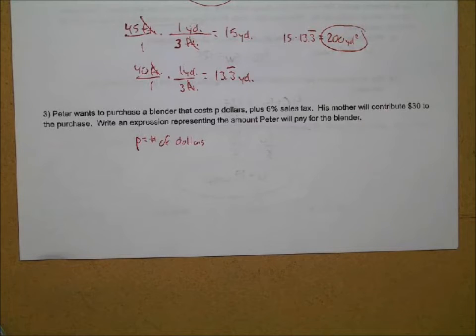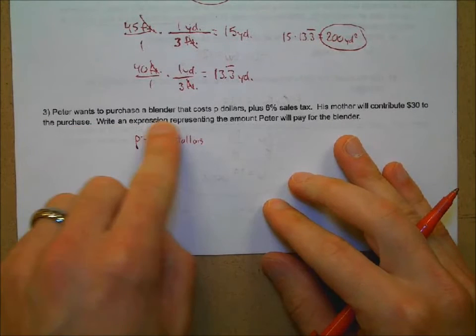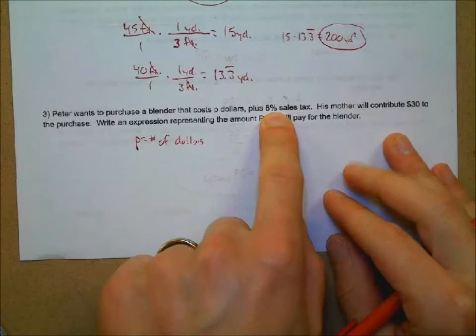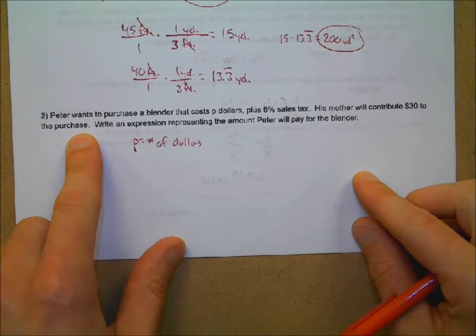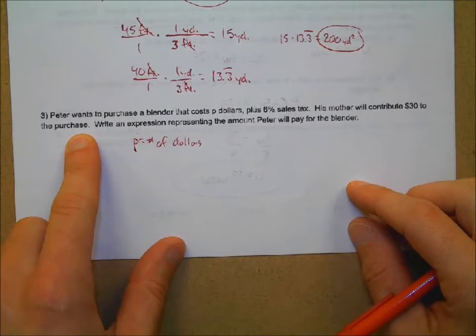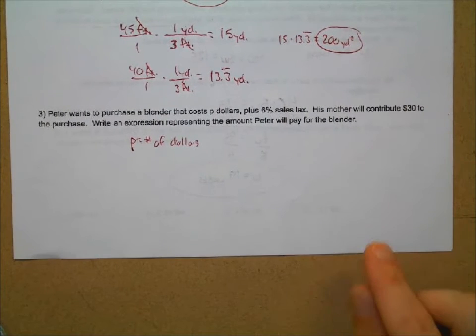Write an expression to represent the amount Peter will pay for the blender. So if he's going to purchase this blender that costs P dollars, and we're going to have to add 6% sales tax, but then his mother is also going to contribute $30 to the purchase. So we have to account for all these things.